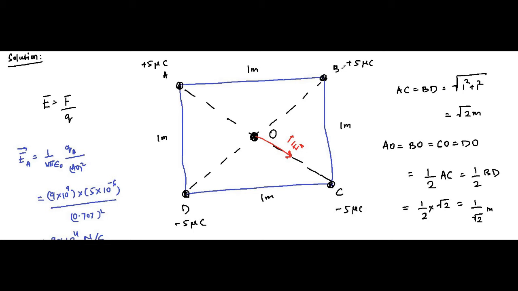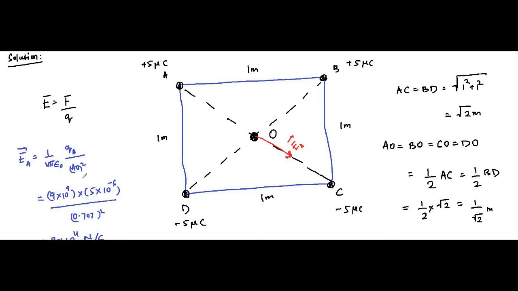The charge at B is also the same, plus 5 microcoulomb. The distance between B and O is also equal to AO, which is equal to 1 by root 2 meter. All the values are the same.